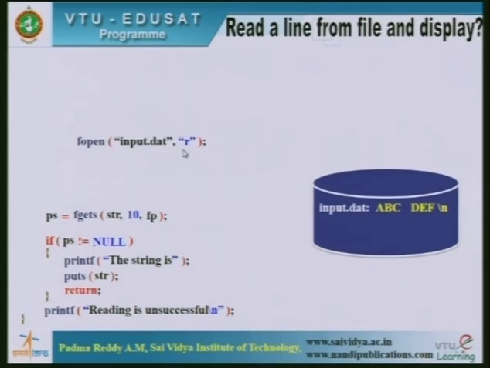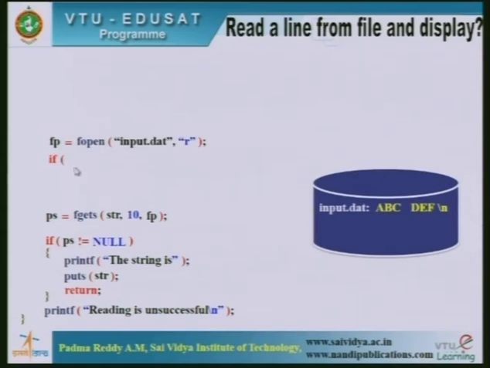So in read mode we have to open. The fopen function returns a pointer to the beginning of this file, so FP now points to this. If the file has not been opened successfully, in that case fopen returns null, and that null will be available in the variable FP.